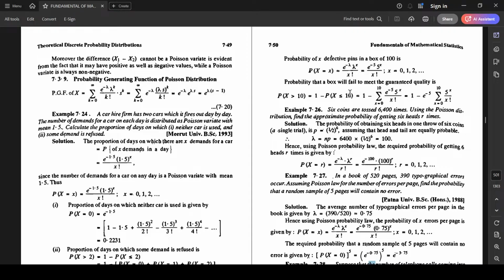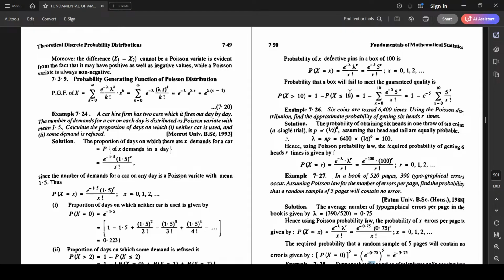So the summation from 0 to 10 of 5 to the power of x by x factorial is 5 to the power 0/0 factorial plus 5/1 plus 5 square/2, 5 cube/3, 5 to the 4/4, 5 to the 5/5, up to 5 to the 10/10.